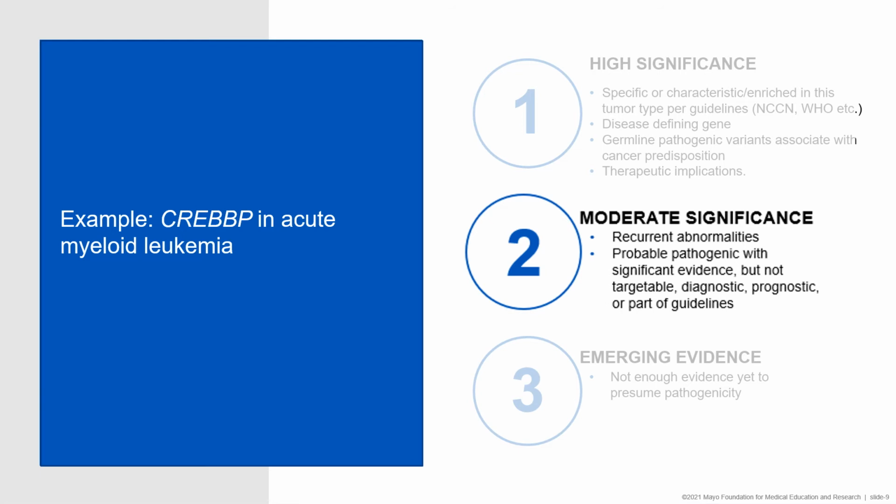They're not diagnostic, prognostic, or part of guidelines as of yet. So one example would be CREBBP in acute myeloid leukemia. We know the mechanism of the alterations, but we really don't have any clear knowledge of this being actionable, diagnostic, or prognostic.